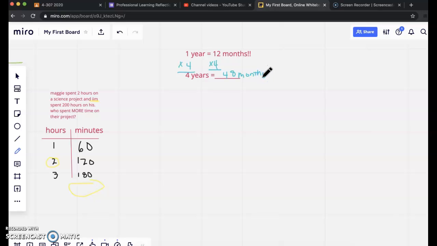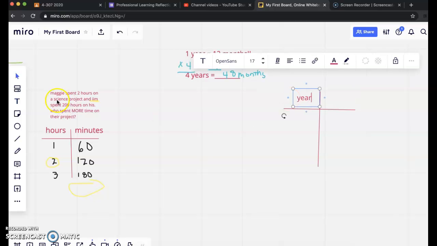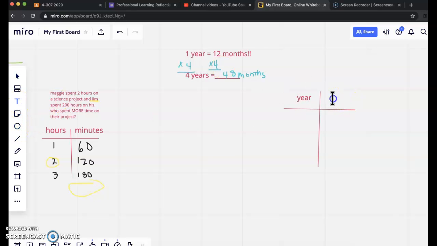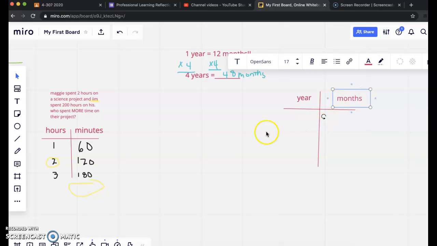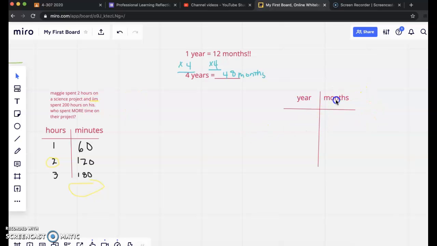Sure is hard to write on this computer. 48 months. All right? And now you can compare. If you make a chart the same way we did before, right? Let's make this chart.